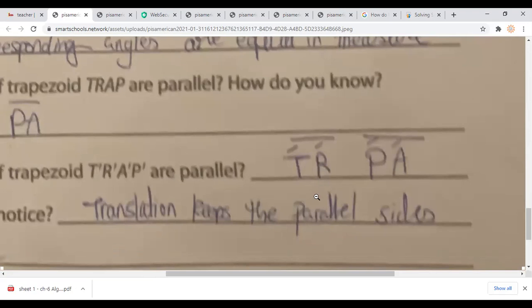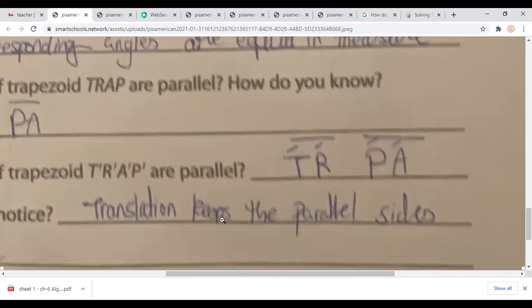The last question: which sides of the trapezoid T prime, R prime, A prime, P prime are parallel? T prime, R prime and P prime, A prime are parallel. Then what do you note?